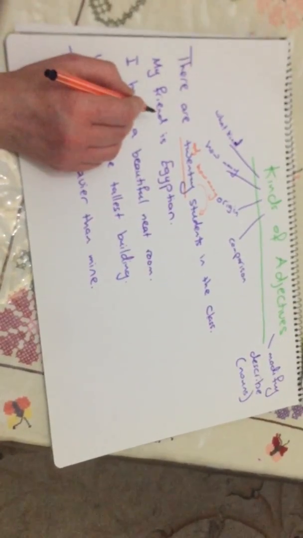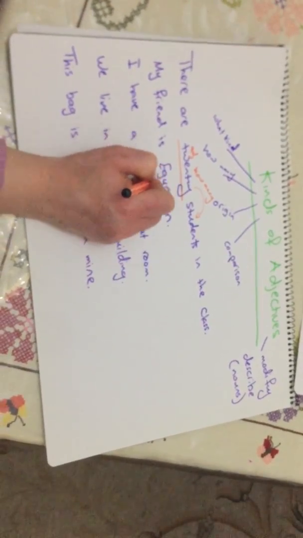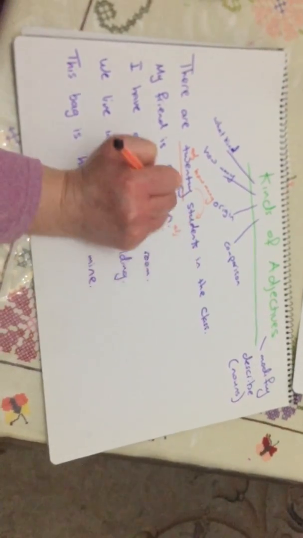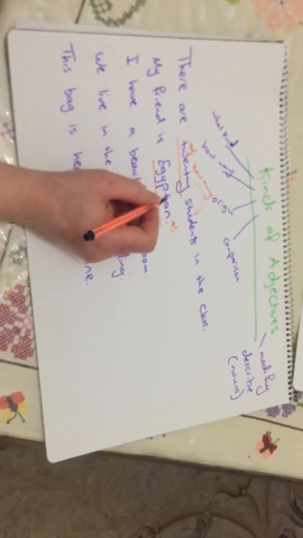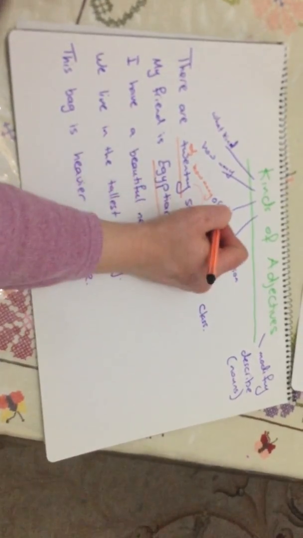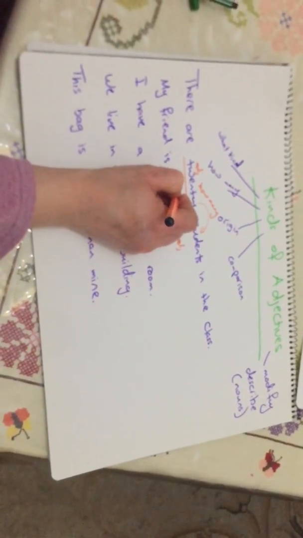Okay. The second one, my friend is Egyptian. This sentence describes what? My friend, that she or he is Egyptian. Egyptian is an adjective, and any adjective that is related to a country, okay, shows the origin kind of adjective.